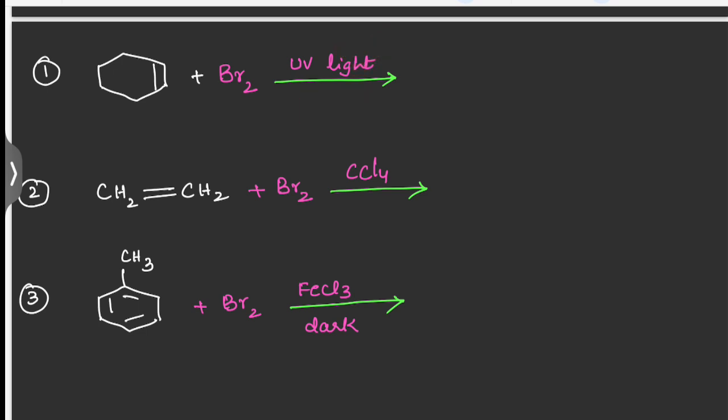So what you have to do is, bromine in the presence of diffuse sunlight will undergo substitution reaction, free radical substitution reaction. So I'll write here, this is free radical substitution reaction.